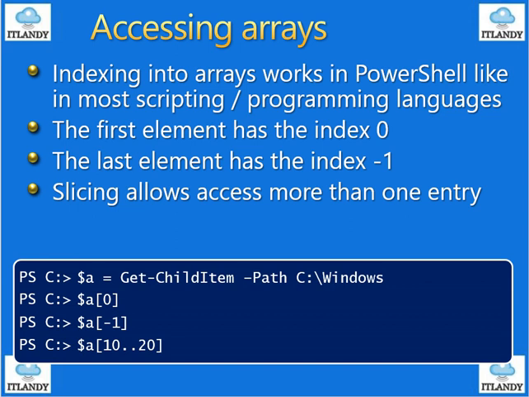$A equals Get-ChildItem -Path C:\Windows. We have an array: bracket 0, array -1, and in between. Reading the array is achieved by indexing into the array element number.